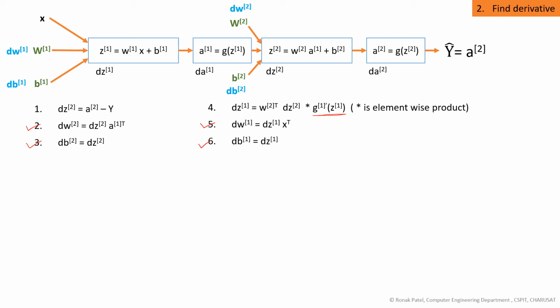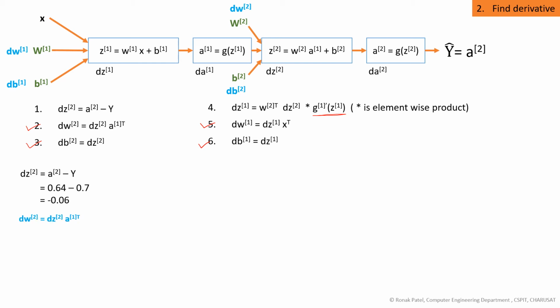Now let's see the calculation. First is dz2, which is equivalent to a2 minus y. Your a2 is 0.64, and your original y is 0.7. If you perform this operation, you will get minus 0.06.